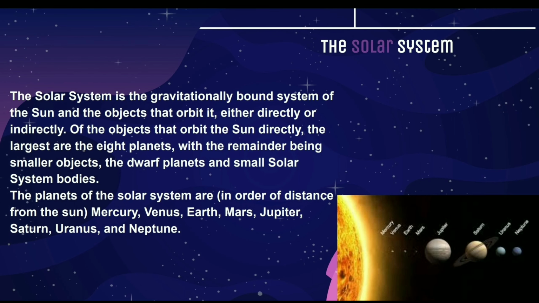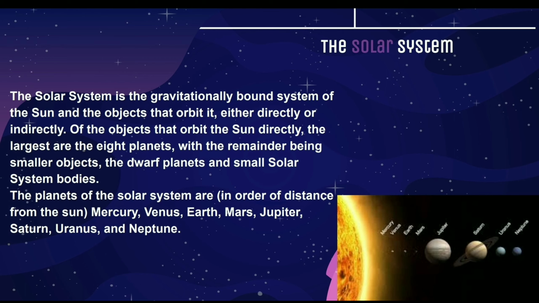The solar system is the gravitationally bound system of the sun and objects that orbit it either directly or indirectly. And as I said before, gravity is the basis of the universe. Everything is held together by gravity. So the solar system consists of the sun, which is basically in the center. Then you have objects that orbit it, either directly or indirectly.